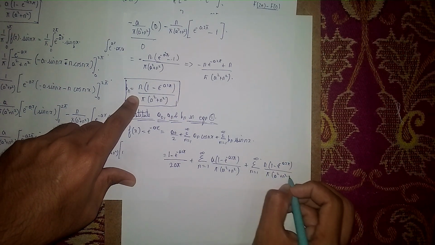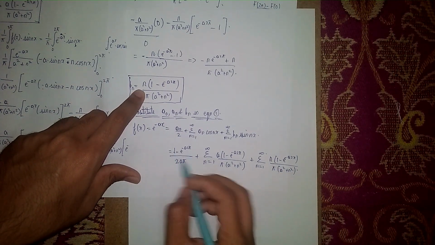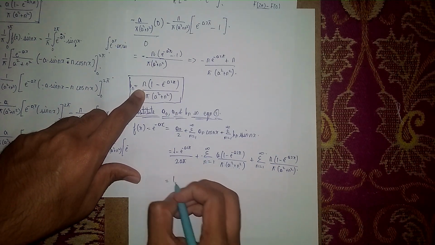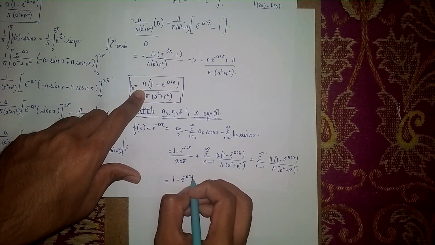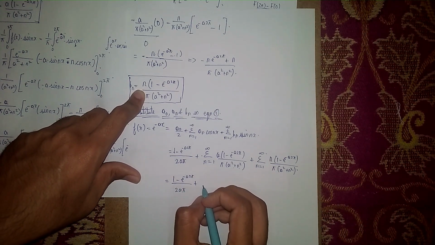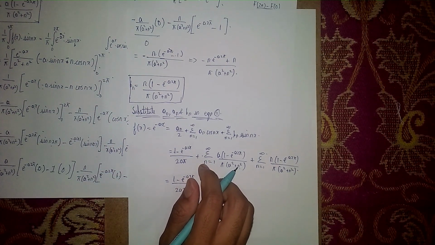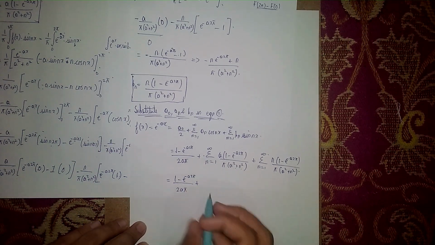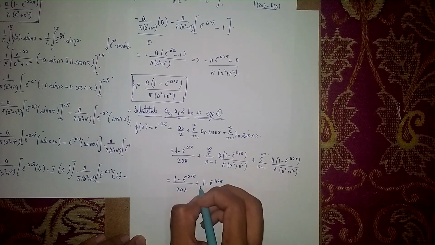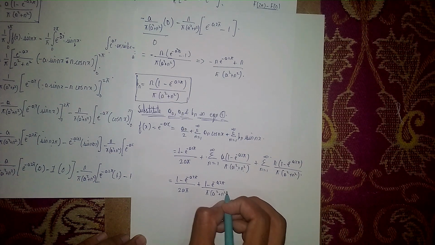plus n square. Now here you will take common what I'm taking here, 1 minus e power minus a 2 pi by pi into a square plus n square. So it becomes 1 minus e power minus a 2 pi by 2 a pi, plus next, what will happen here, I'll tell you: 1 minus e power minus a 2 pi by pi into a square plus n square, taking it common.